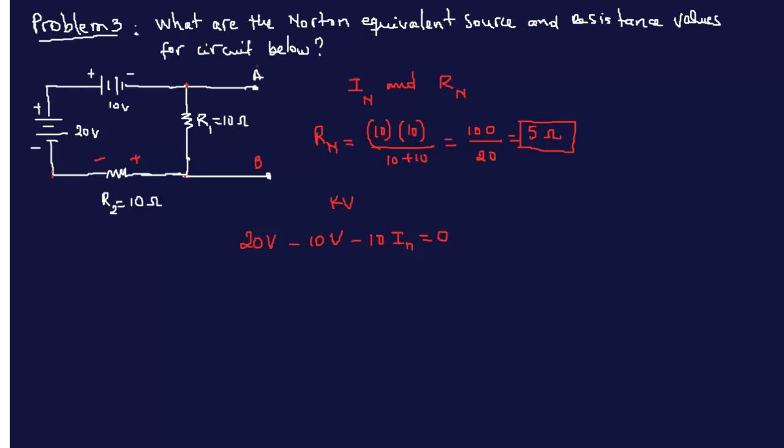With Norton, there's a short circuit across the terminals, so there's no current flowing through R1. Remember that, okay? So now we are left with this, and so we can find IN. Remember, the question was to find IN, and now we know everything here. So we have 20 minus 10, that's 10, is equal to 10 IN, and therefore IN is equal to 1 amp.